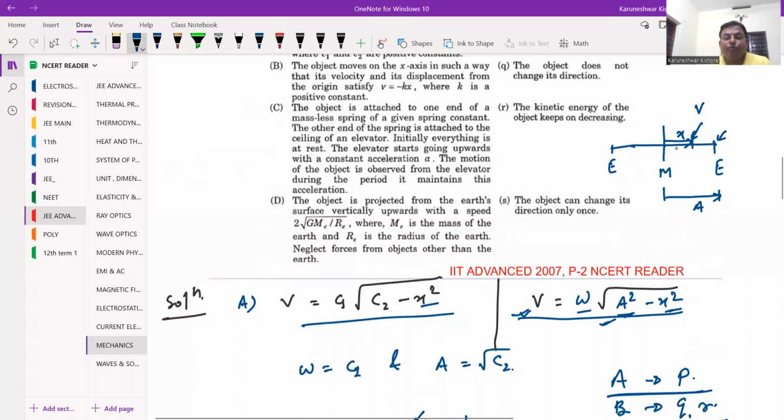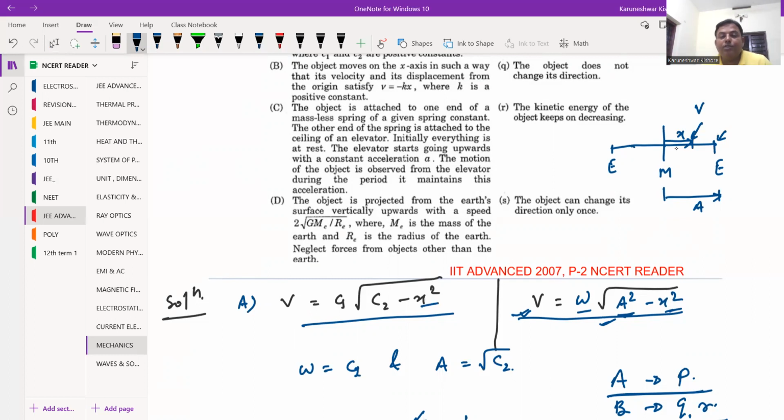In C, it says the object is attached to one end of a massless spring of a given spring constant, and the other end of the spring is attached to the ceiling of an elevator. So it is a spring and block system attached in the lift, the elevator. Initially, everything is at rest.